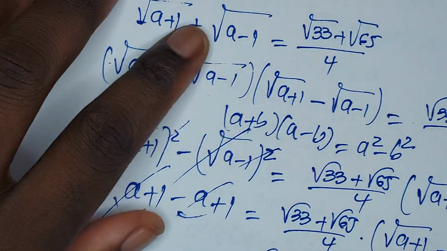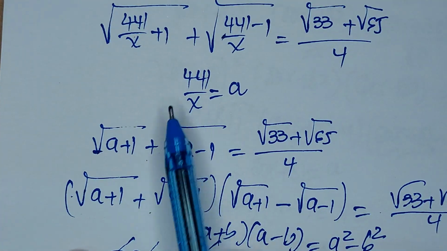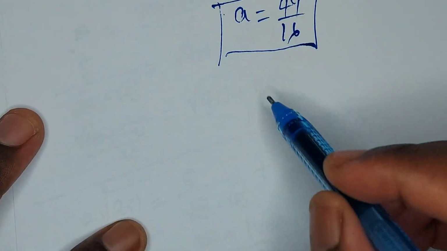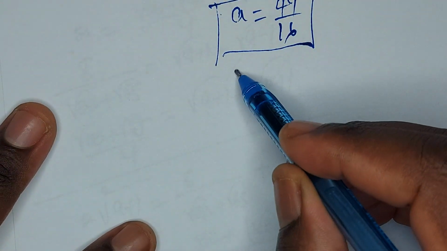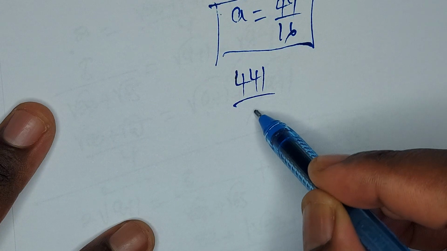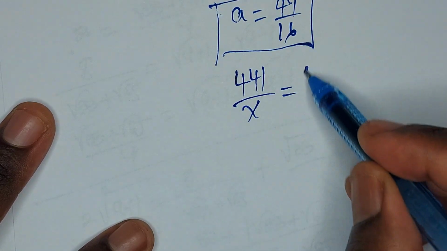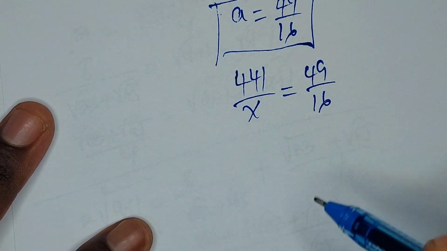This is my a. Remember that we said a is this, right? We said a is this. So we're going to have that 441 over x is going to be 49 divided by 16.